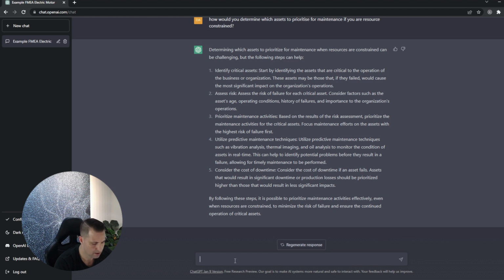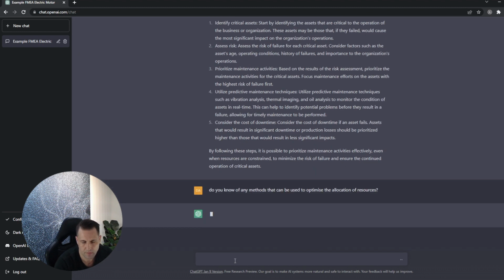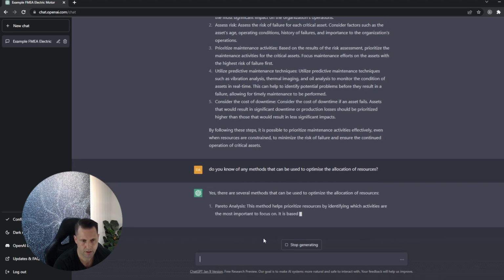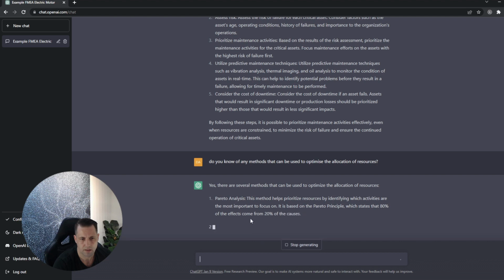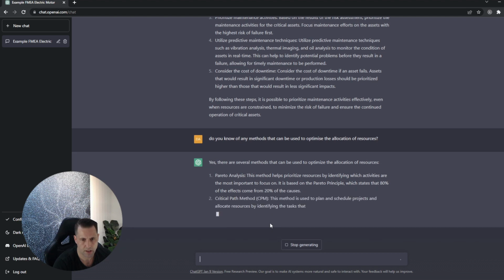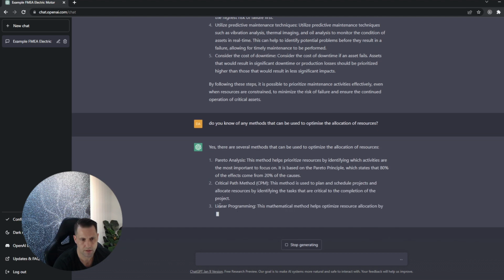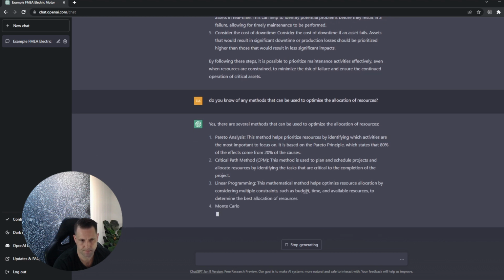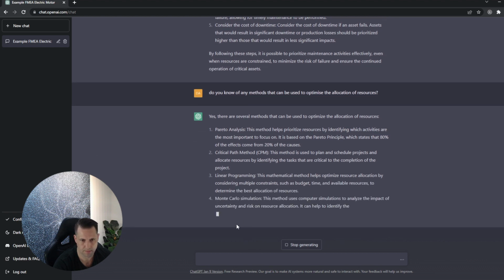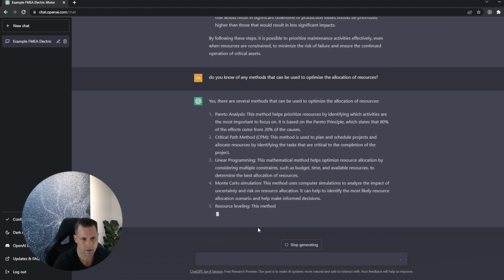What about, do you know of any methods that can be used to optimize the allocation of resources? Pareto, critical path, linear programming, Monte Carlo sim, resource level.